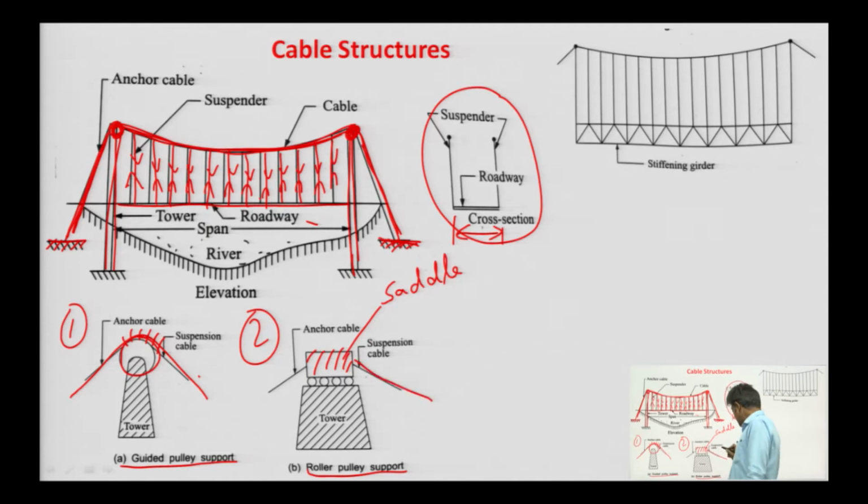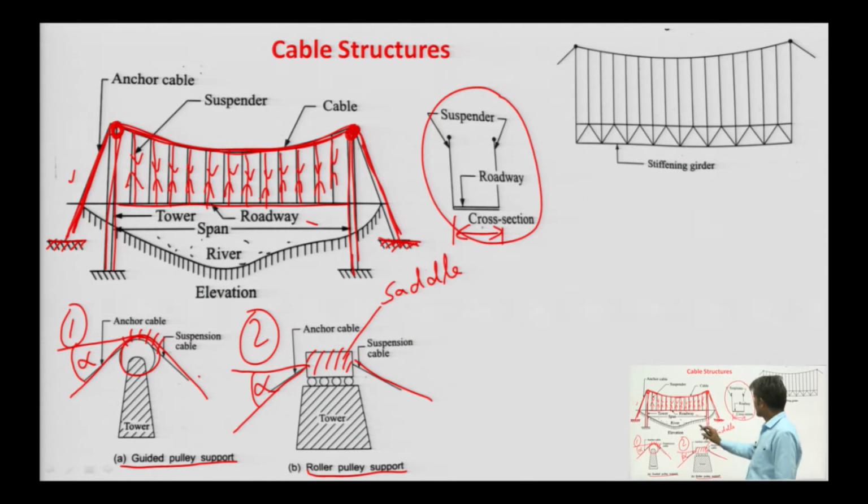At one end is the main cable, means suspension cable, and at another side there is an anchor cable. Okay. There may be some inclination alpha, here also alpha, inclination angle from the ground.